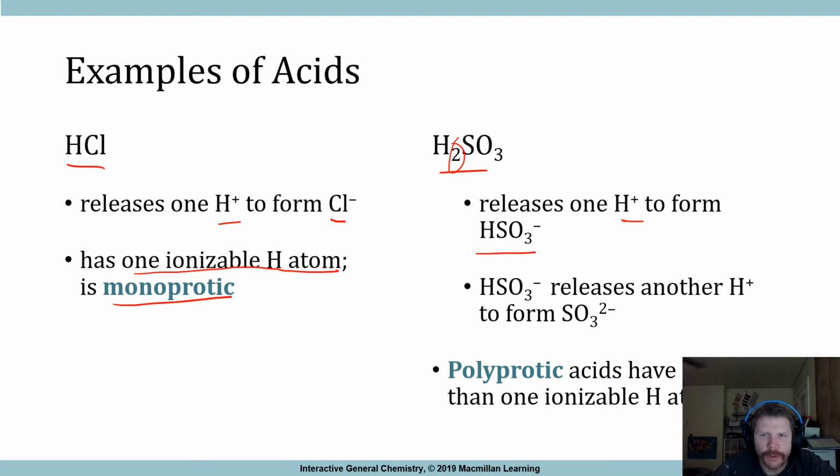That HSO3- that results is going to release another positively charged hydrogen atom to form SO3 2-. If HCl was monoprotic, releasing 1 hydrogen, H2SO3 would be a diprotic, or more generally, a polyprotic acid. It releases more than 1, or it has more than 1 ionizable hydrogen.